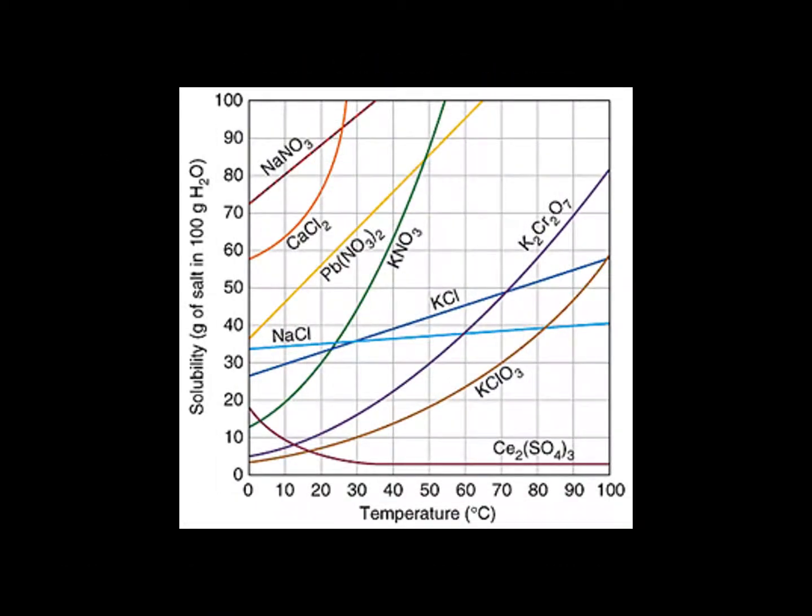So when we look at all of these on a curve, we're going to create what's called a solubility curve, and we want to look at what saturated, unsaturated, and supersaturated look like on a solubility curve. So let's take a look at the NaCl here. This NaCl right here is what we're going to look at.